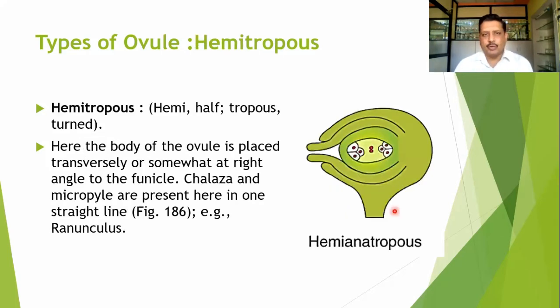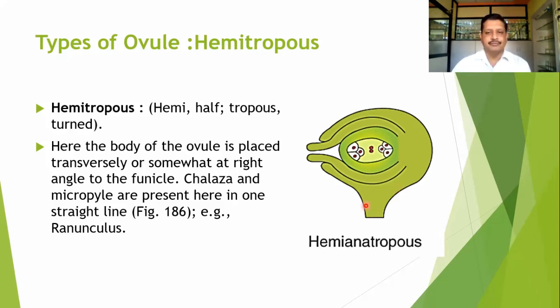Then the hemitropous ovule. Hemi means half, हेमिस्फिअर आपण म्हणतो. So hemi means half, and tropous means turn again. So here you can find there is a turning of the ovule, and the body of the ovule is placed almost transversely, or somewhat at a right angle to the funicle.